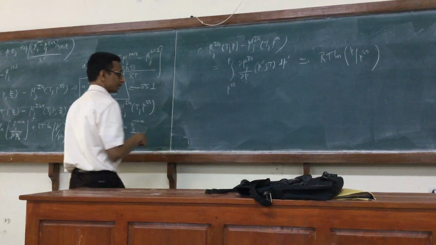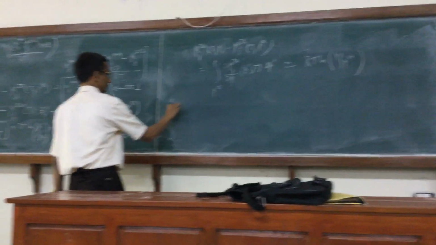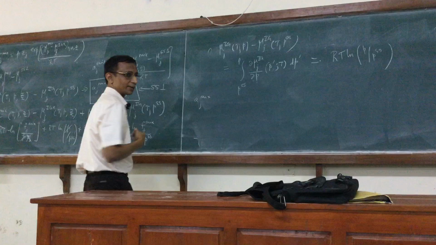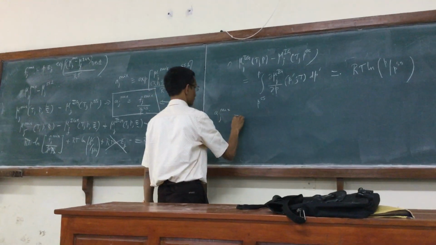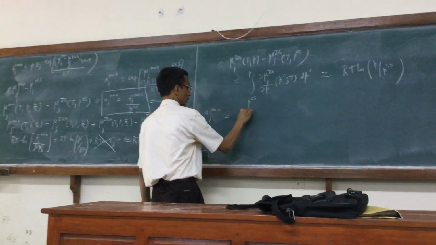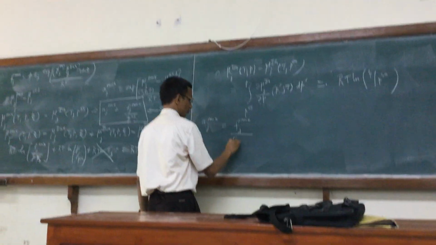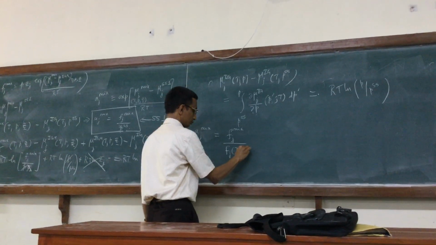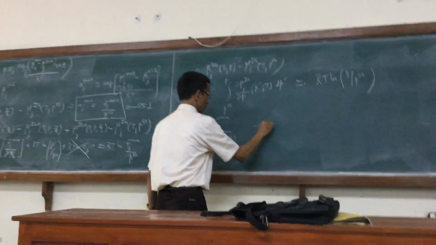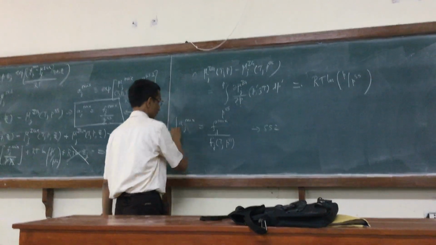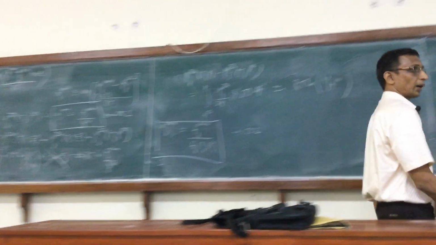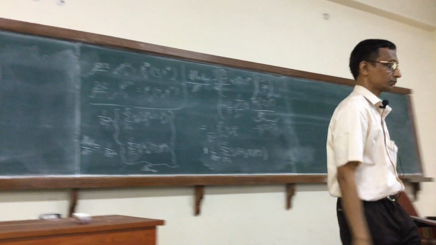Now, I will leave it as an exercise for you to show that the Aj mix for a component, if I choose the standard state 2, will be Fj mix by Fj, the pure component fugacity, evaluated at the temperature of the reaction mixture but the standard pressure.